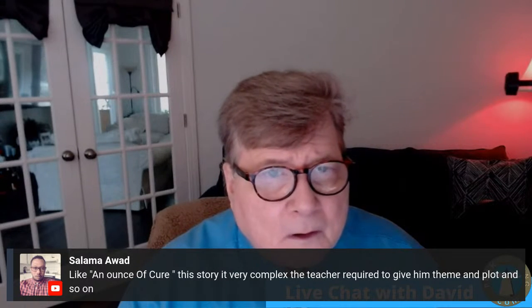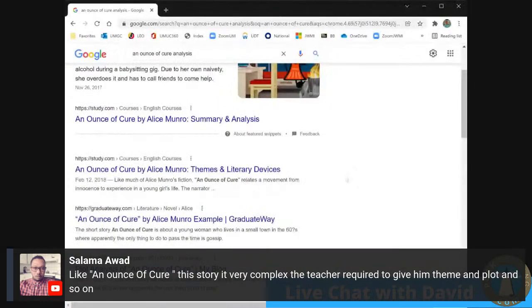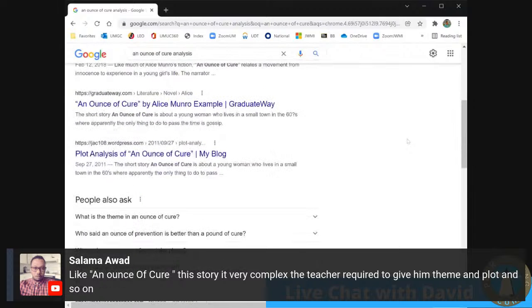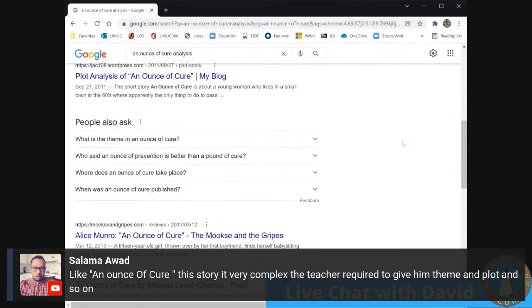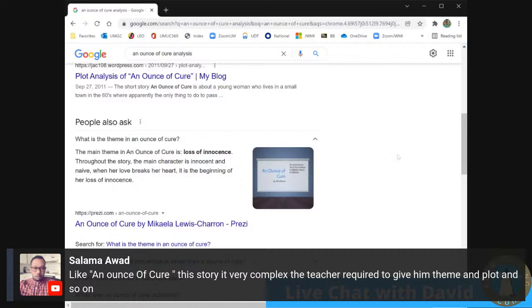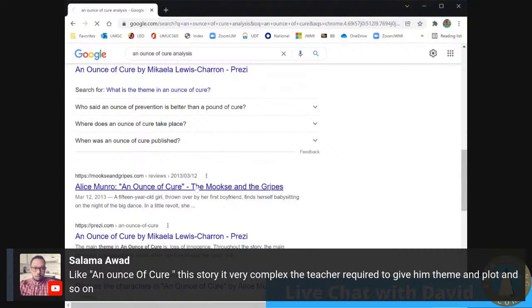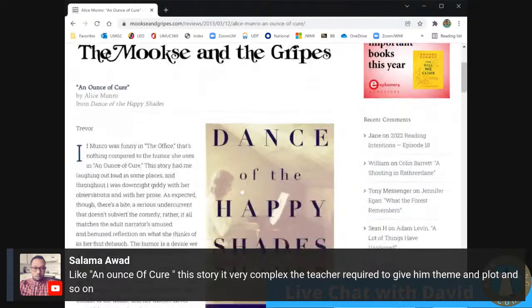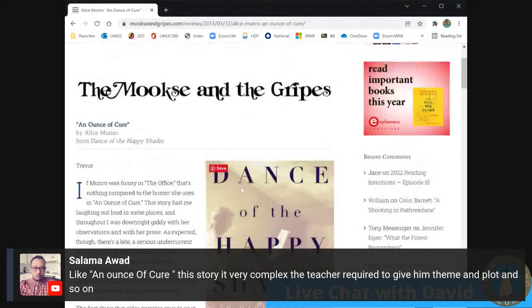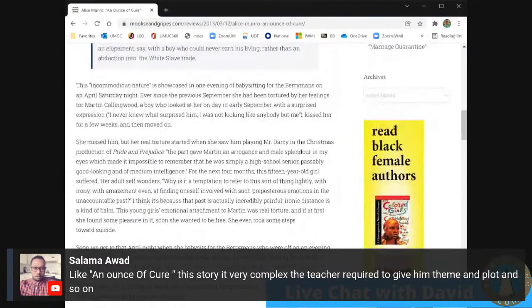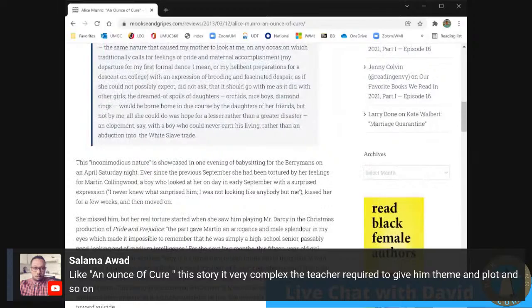Here we go. As you can see, Graduate Way, WordPress. Here you go. What is the theme of An Ounce of Cure? Loss of innocence, this person says. I'm sure you could find other interpretations other than loss of innocence. I don't know, it could be about substance abuse.